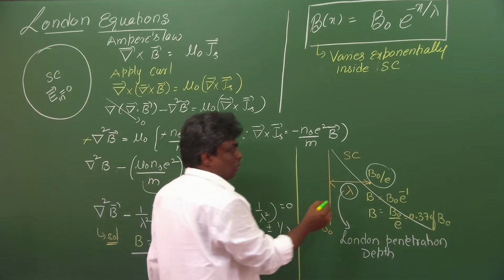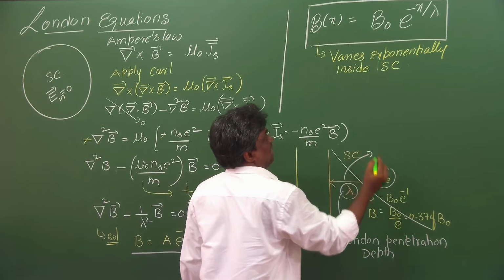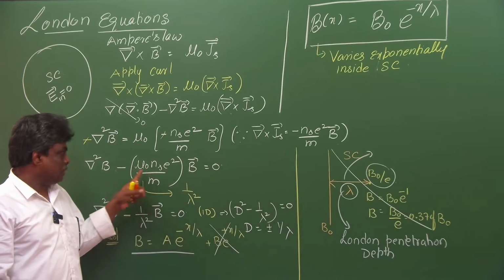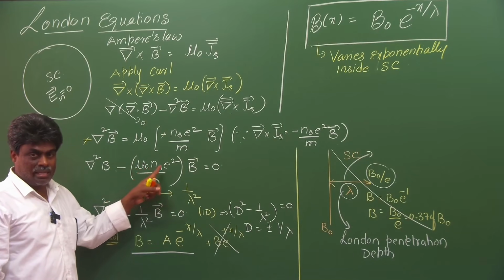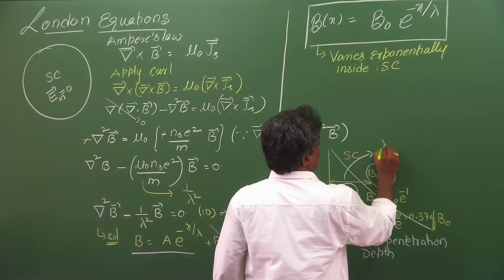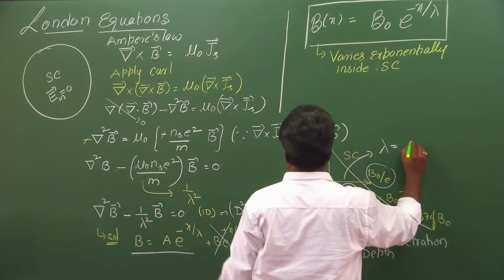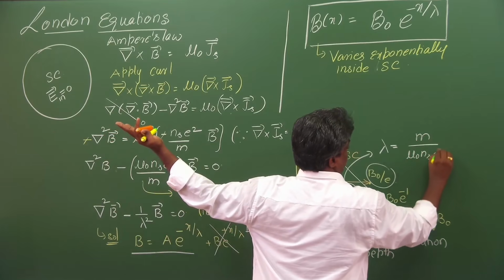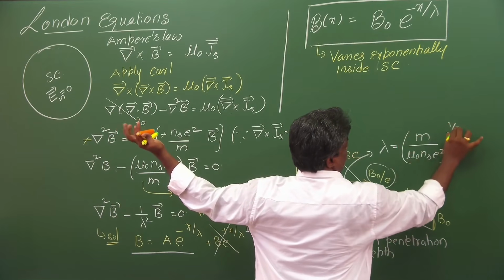And could you please tell me what is the lambda here? Already we have defined 1 by lambda square equal to mu naught ns e square by m. Now could you please tell me what is lambda? Lambda is the reciprocal, m by mu naught ns e square, whole power half.